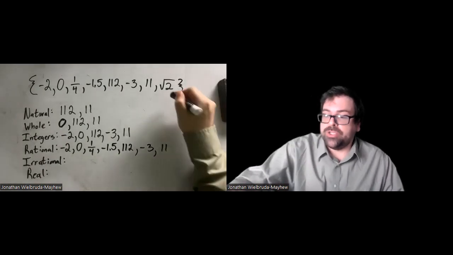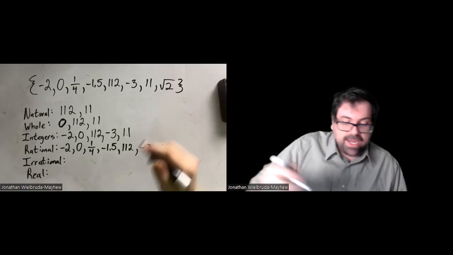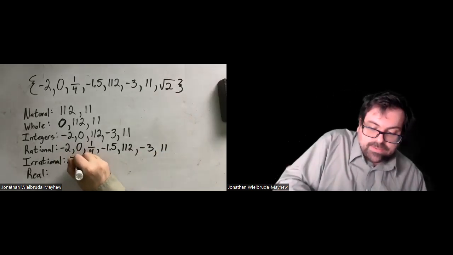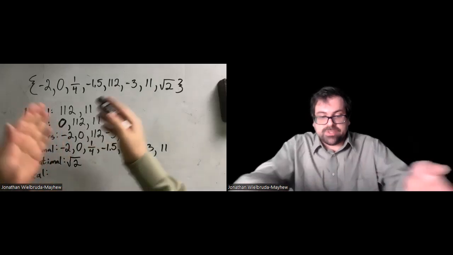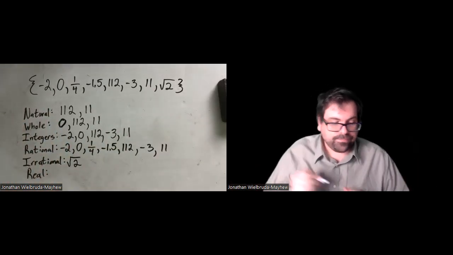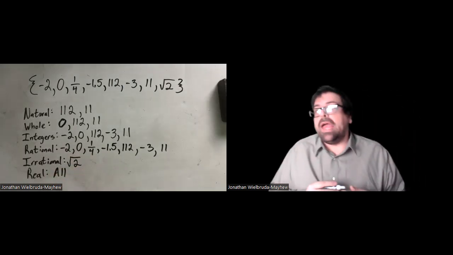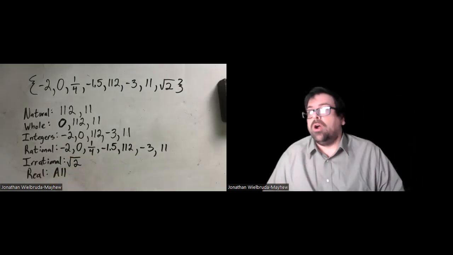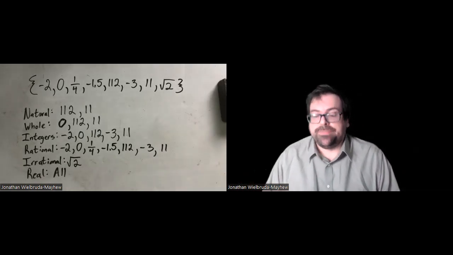We are not. 2 is not a perfect square, which means it is not rational. It is irrational. It was the only number left. Everything else was a rational number. And all of them are real numbers. We take the rationals and the irrationals together.